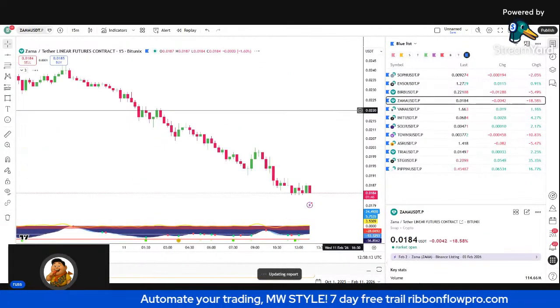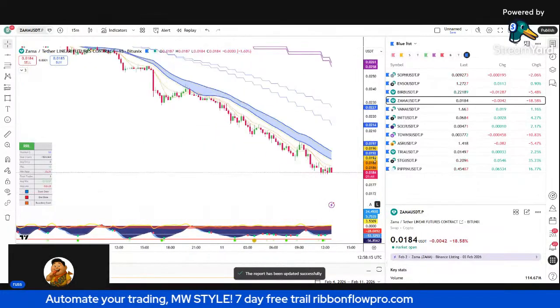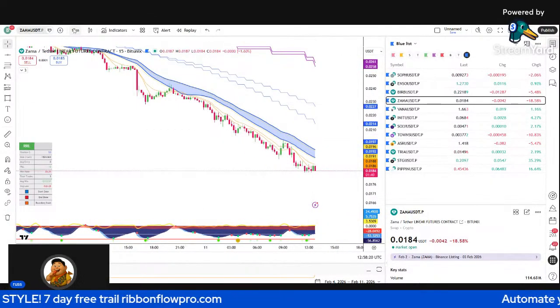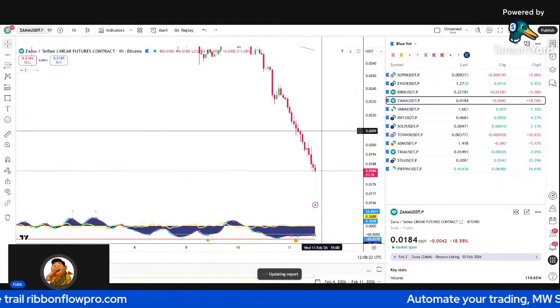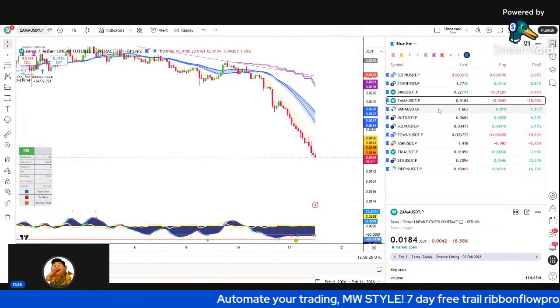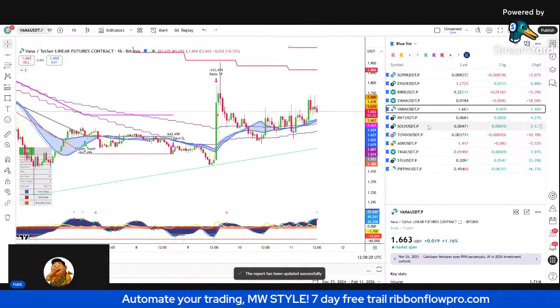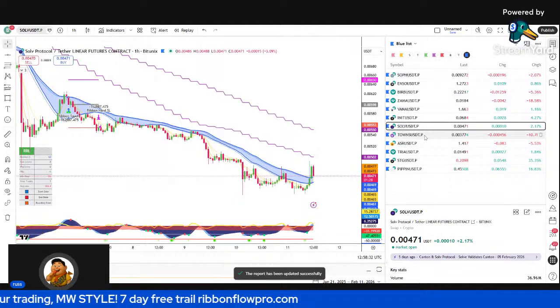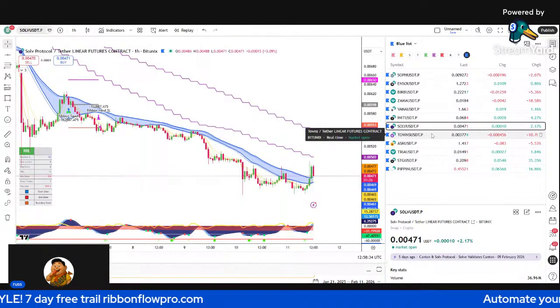Zama was the wrecked coin today, which I'm going to keep an eye on for a recovery. I'm not going to FOMO in down here, but maybe I think soon the reversal could happen on Zama. Vanna. Solve retesting the 1 hour right now, which could be a great entry.